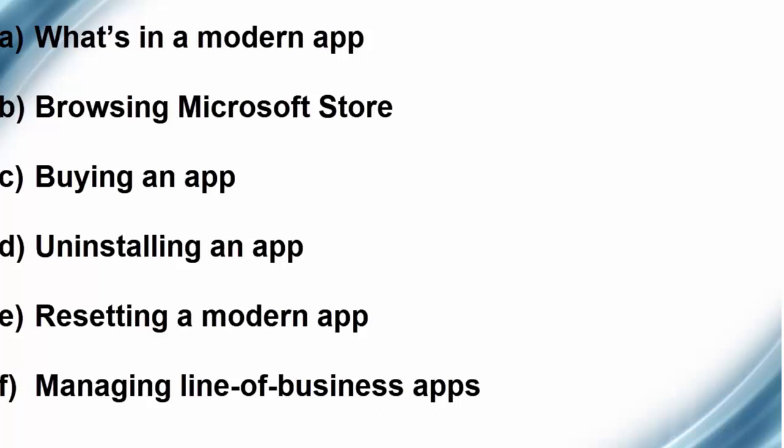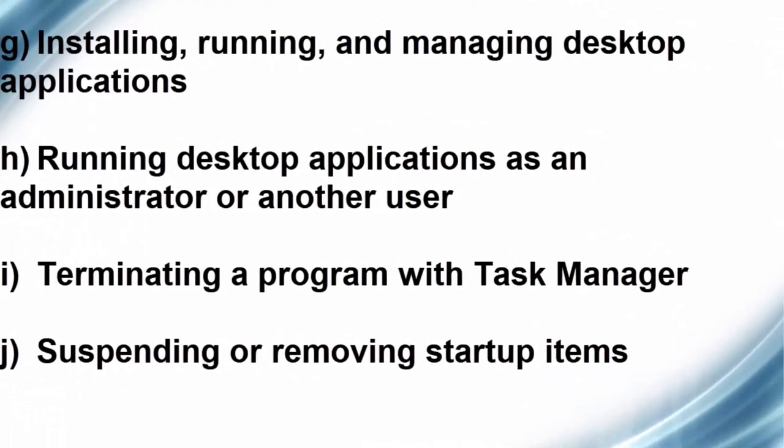We're also going to be talking about how to manage line of business apps and apps which are included with Windows 10. So we'll be installing, running and managing desktop apps, running a desktop application as an administrator or another user. We're also going to be discussing the task manager. How can we terminate a program using the task manager?